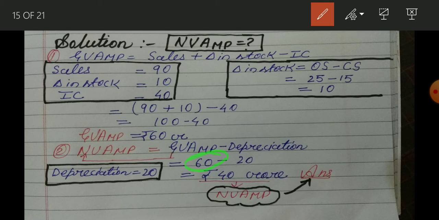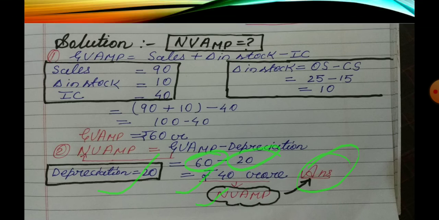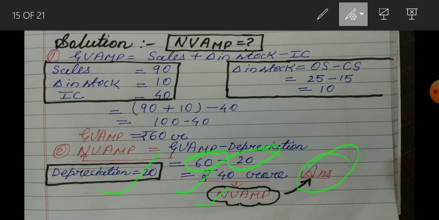And when we subtract the value of depreciation, that is given 20, we get 40 crore. And that is your answer. NVA MP is equal to 40 crore. I think you had noted it down, otherwise take a screenshot.